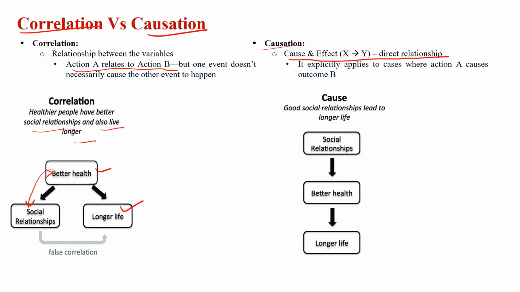But there is no direct causation between the social relationship and long life. We can say that if you have a good social relationship, then you may have a longer life, because the social relationship leads to better health, and that leads to a longer life. That is causing something else.